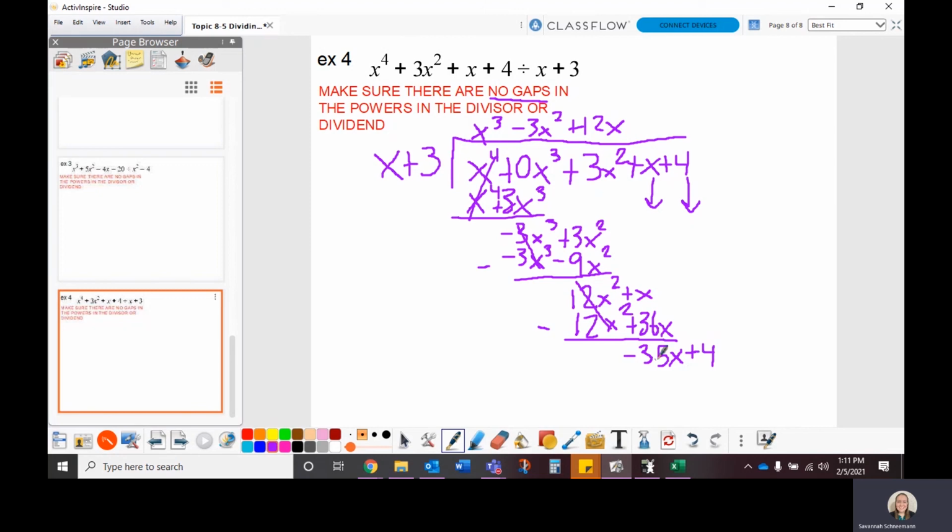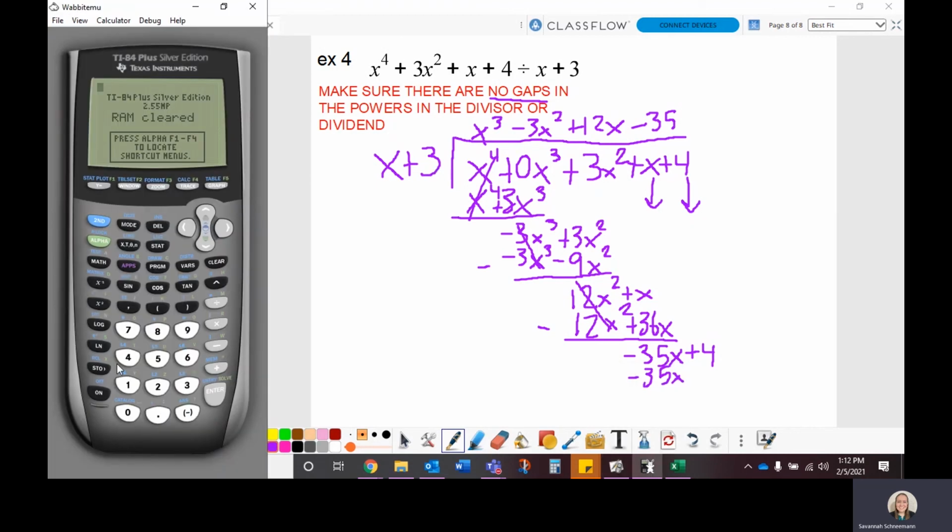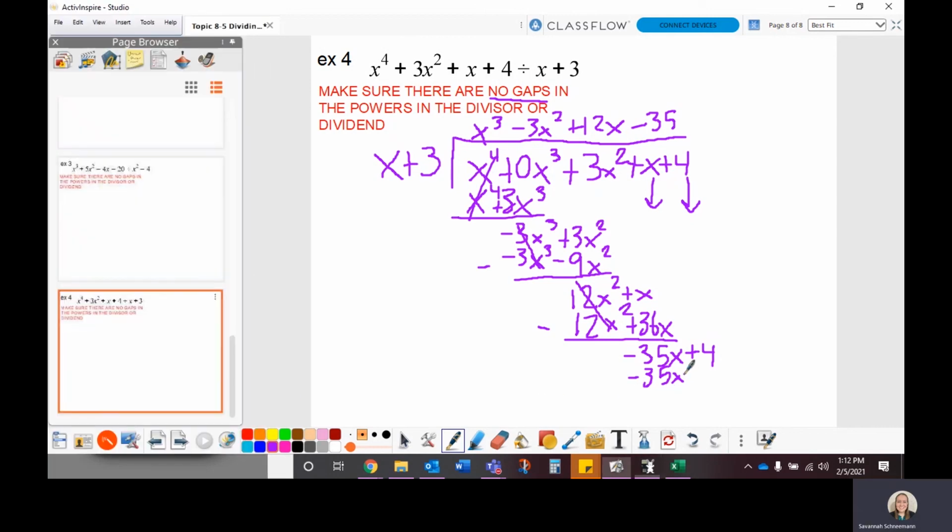So x goes into negative 35x, going to be minus 35, because negative 35 times x is negative 35x. And then go to our calculator, so we're going to have negative 35 times a positive 3, it's going to be minus 105.